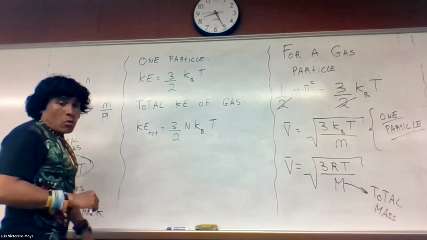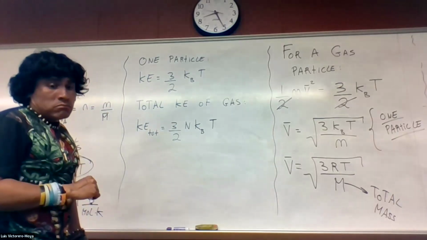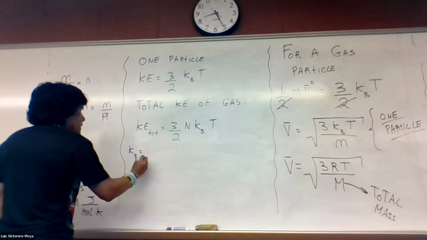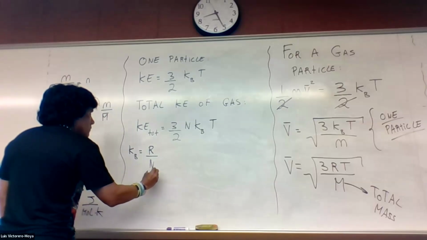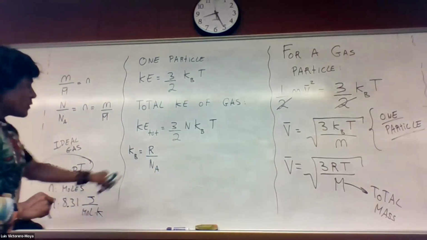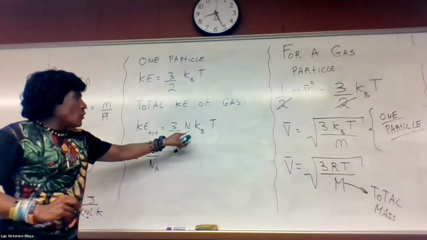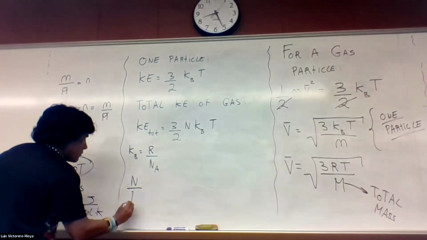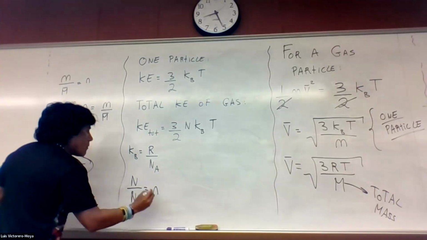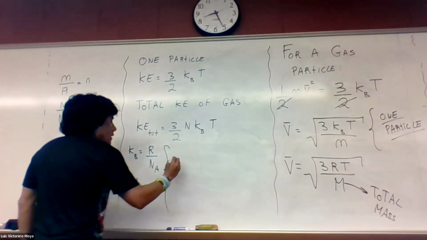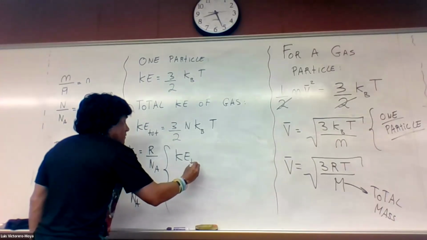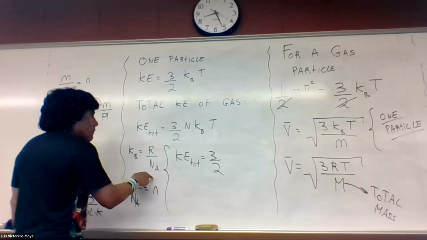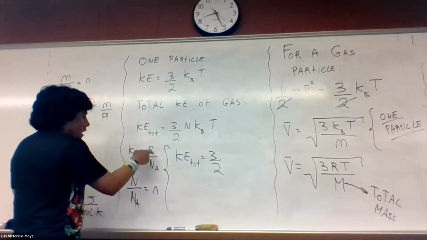But we know that kB is R over NA. So we can put that in here. And N over NA is number of moles. So using these two, my total energy of the gas is 3/2 N kB, where kB is R over NA.